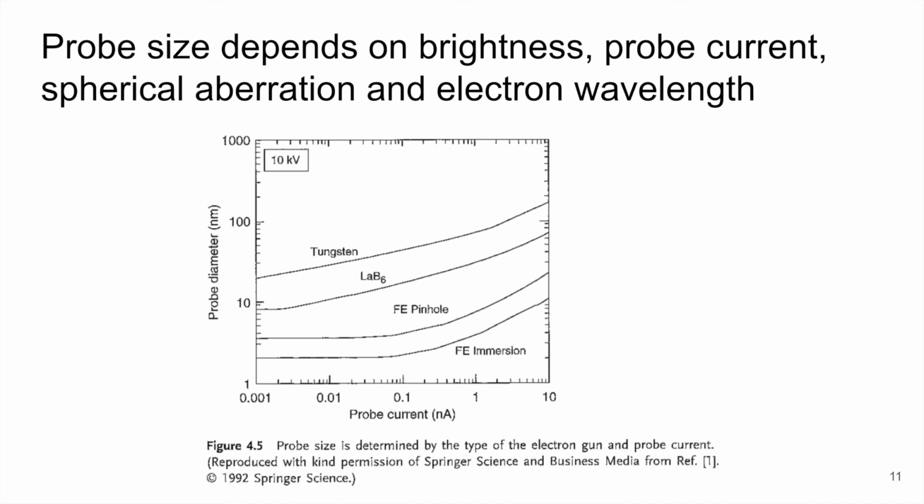So we definitely want to do that. But we also want to increase brightness. So overall, the resolution follows that same trend that brightness did, where field emission followed by LaB6 followed by tungsten is the order of maximum resolution. So it increases in that same order.